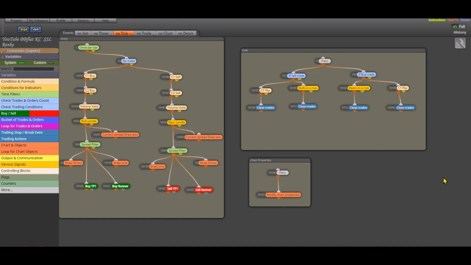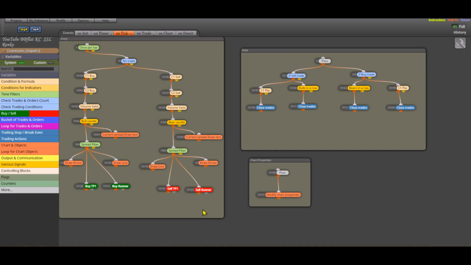So just quickly, this is not meant to be an FX Dreama video by any means, but I just wanted you to see how you set up these different blocks or conditions so that it'll run your trade. For instance, this is the entry. I have two sides. I have an entry for a buy trade, and I have an entry for a sell trade.